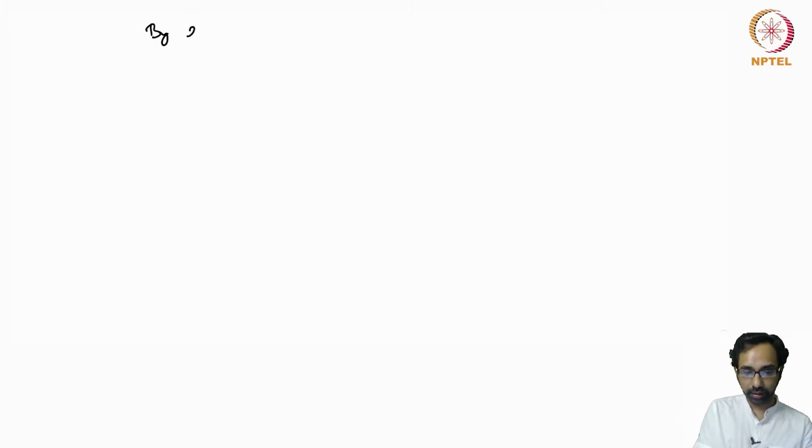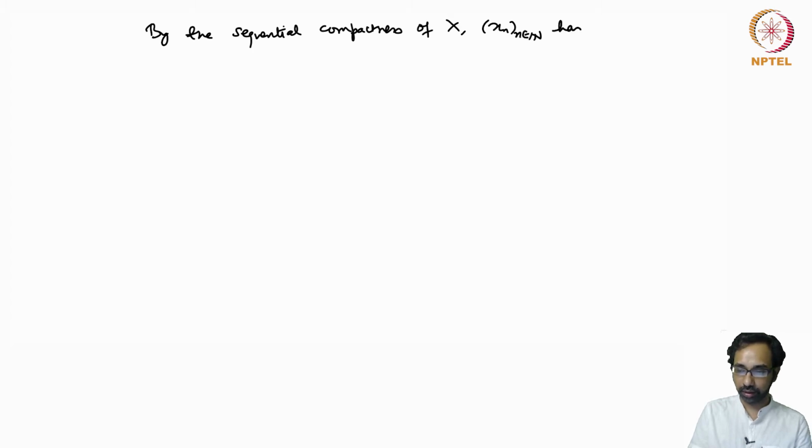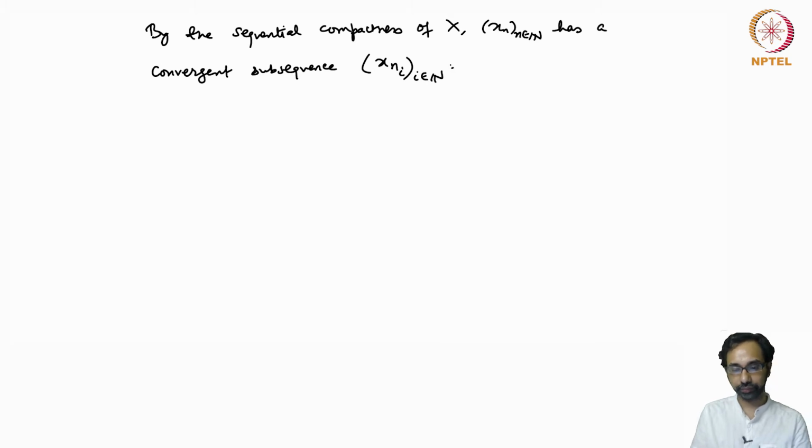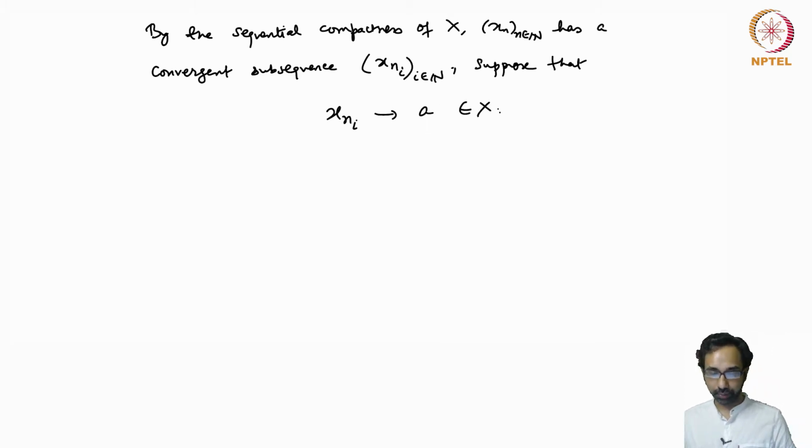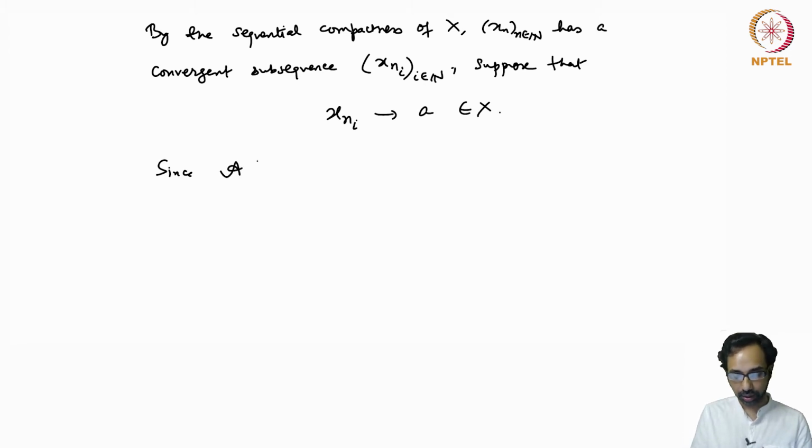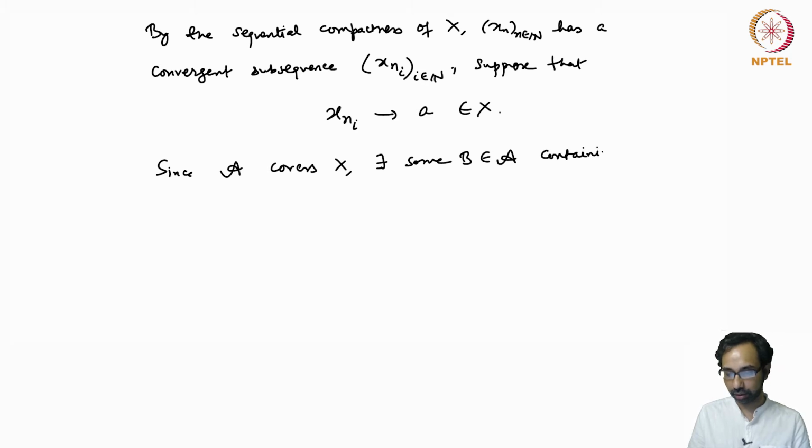And now we are going to use the sequential compactness of X. So by the sequential compactness of X, this sequence xn has a convergent subsequence, say xni, i in N, and suppose that this sequence xni converges to some point a in X. Now this point a, since this collection A is an open cover of X, there exists some B in A containing this point a.